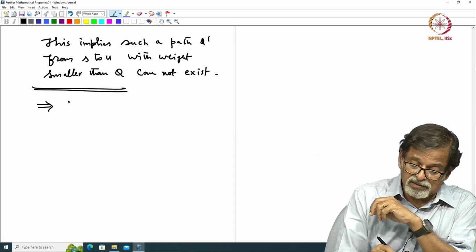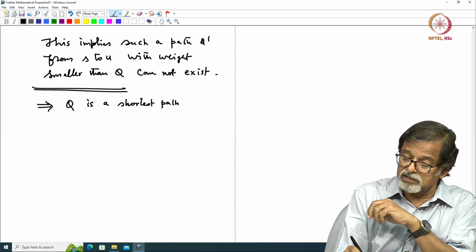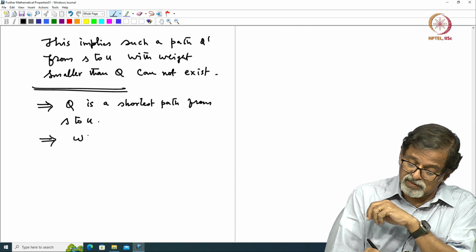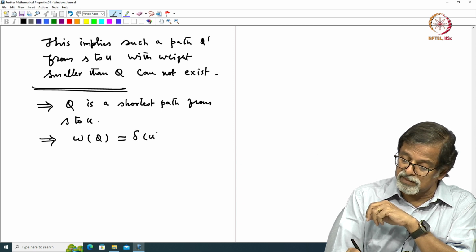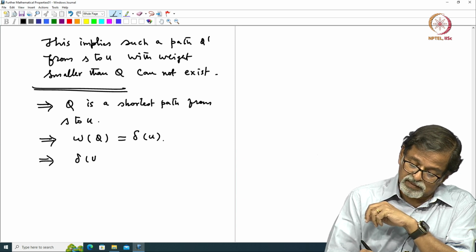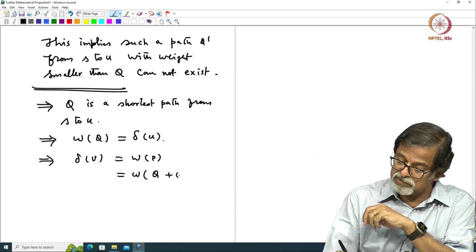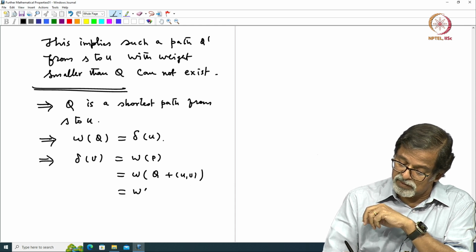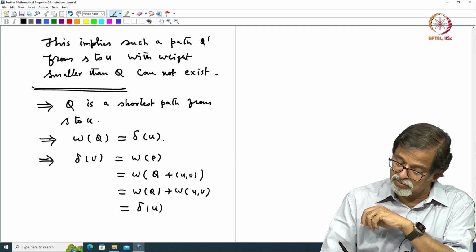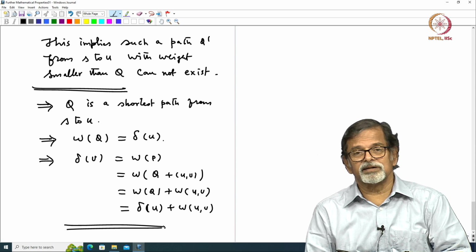This implies q is a shortest path from s to u, which in turn implies weight of q equal to delta u, which in turn implies delta v, which is equal to weight of P, which is equal to weight of q plus u v, which is equal to weight of q plus weight of u v, and this is equal to delta u plus weight of u v. We have proved the theorem.